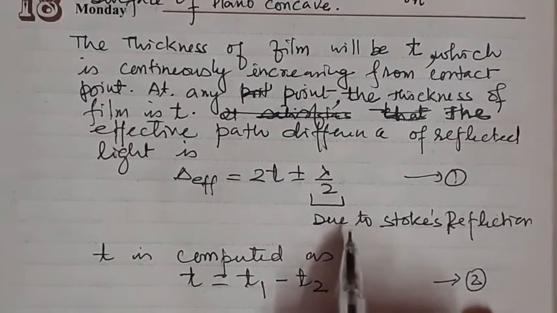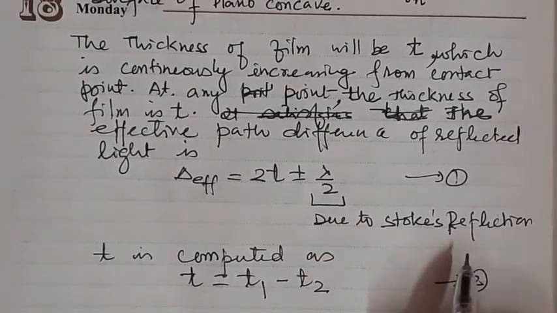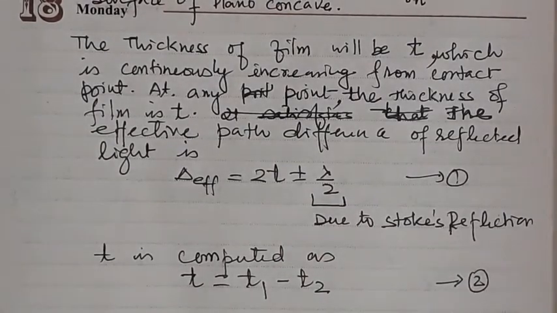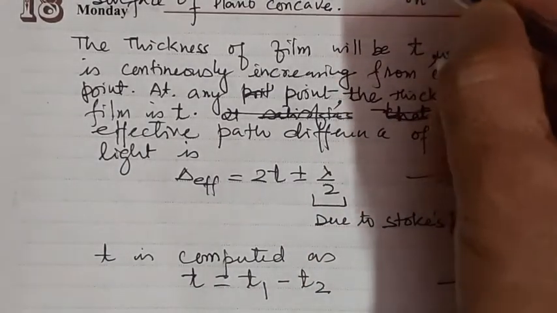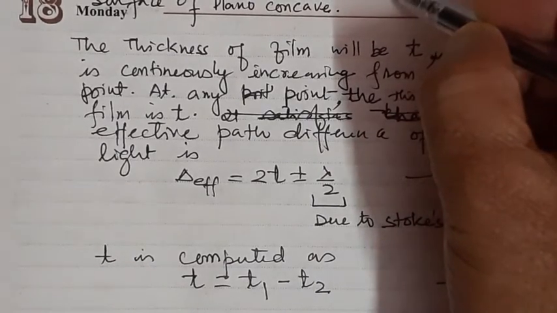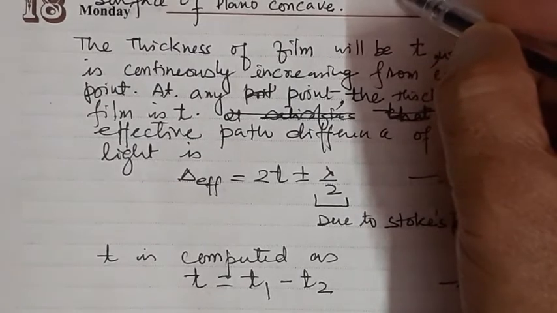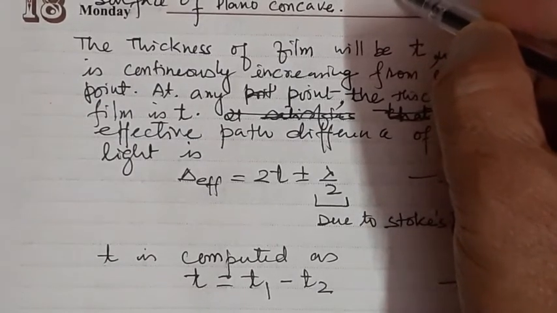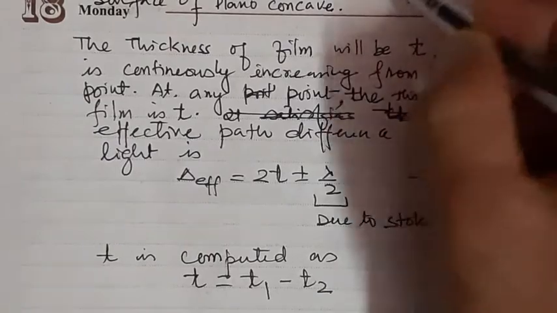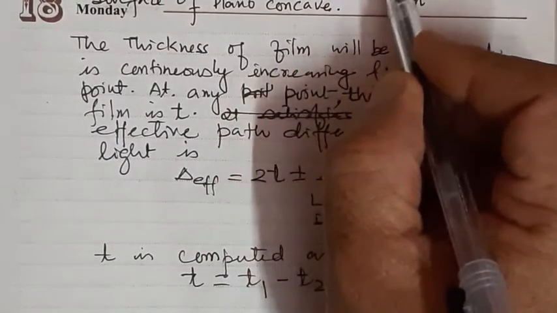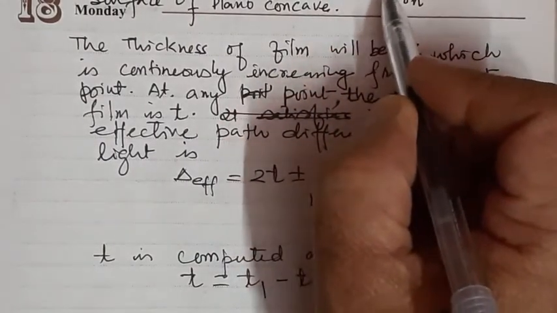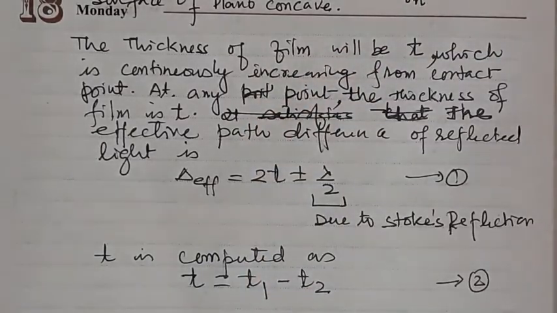This plus or minus lambda by 2 is due to the Stokes reflection, where T is computed from the diagram. This is your T, and from this position to this position it is T2, and from this position to this position it is called T1. So we have T1 minus T2 equals T.